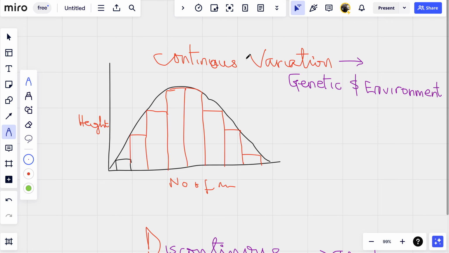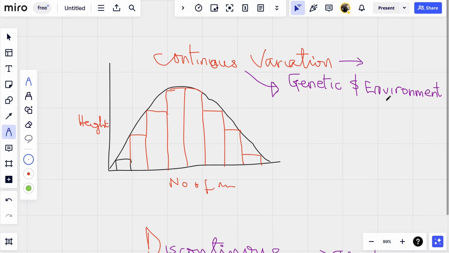So continuous variation is affected by two factors, both the genetic factor and the environmental factor. It's not enough for your parents to have the DNA for being tall; it's not enough for the children to be automatically tall.